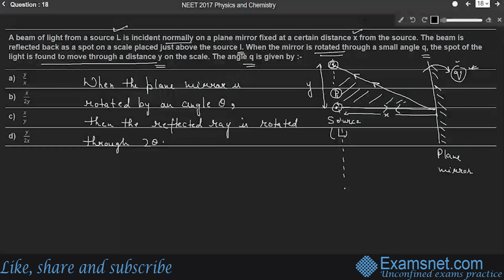So this is the rule that you have to remember: if we rotate this plane mirror through an angle theta, then the reflected ray will be rotated through angle 2 theta.